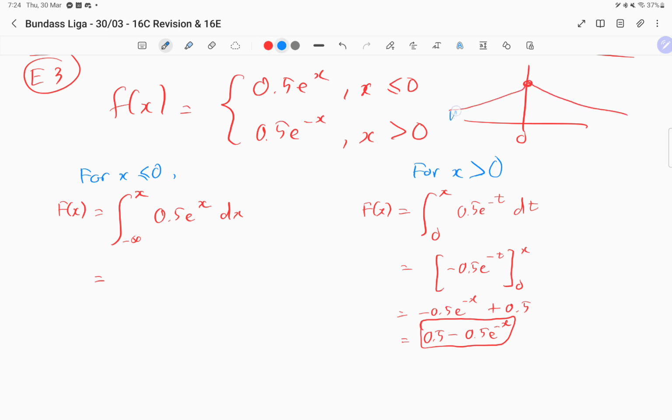So the area to the left from negative infinity to a value x would be the CDF for the function to the left of 0, right? That's the tricky part when you need to antiderive from negative infinity. There are two ways of doing this. There's an easier way and there's a standard way. So remember how to antiderive from infinity? Lim, yes, correct. That's the standard way. So I'll show you the standard way.